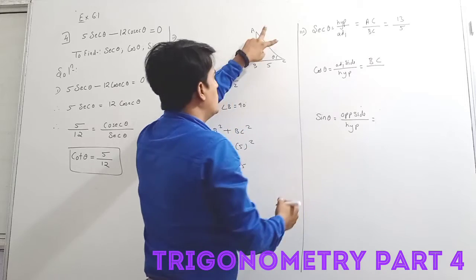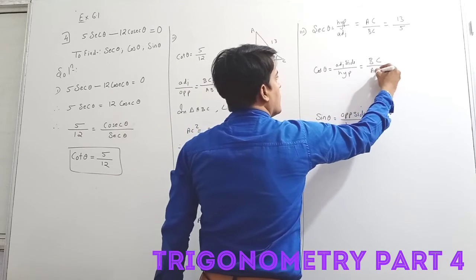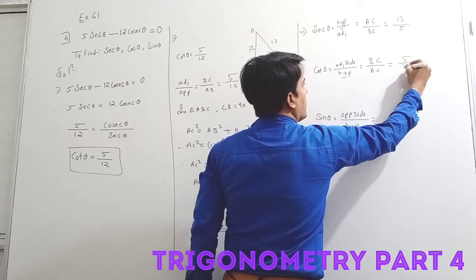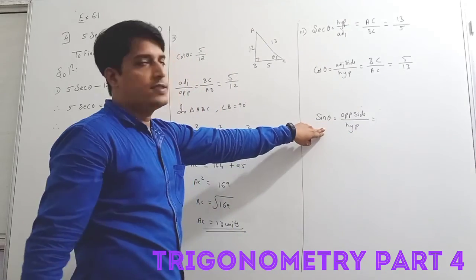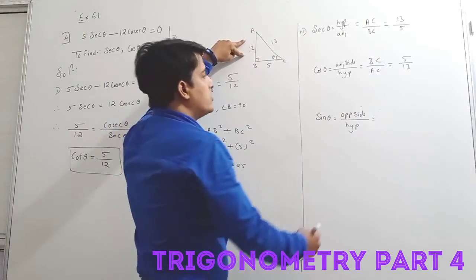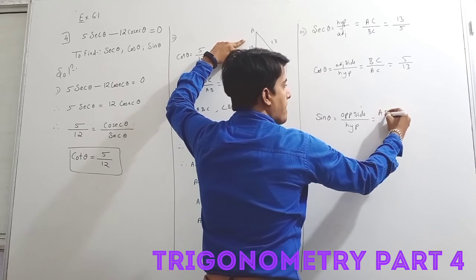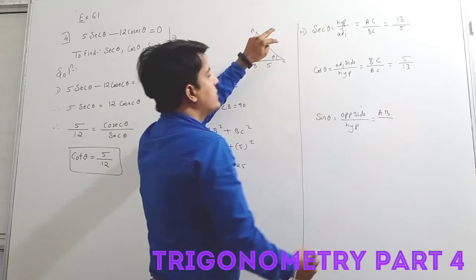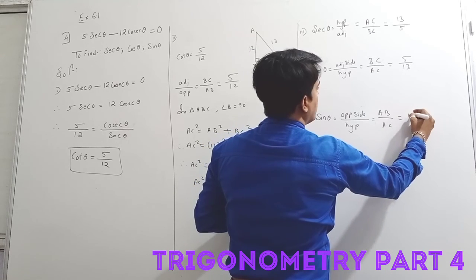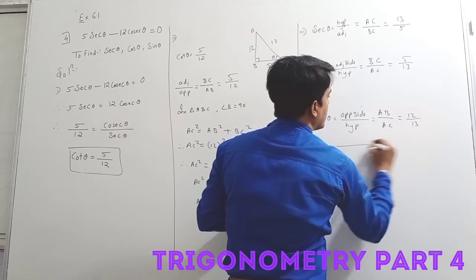BC. What is your hypotenuse? AC. That is 5 upon 13. And lastly, we need sin theta. The formula is opposite side upon hypotenuse. What is your opposite? That is AB, which is 12, and your hypotenuse is AC, which is 13.